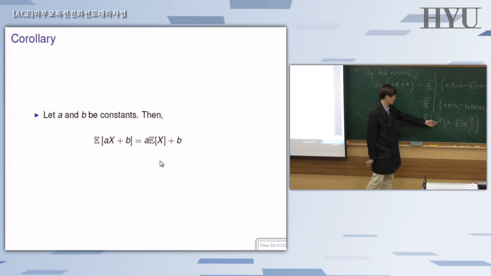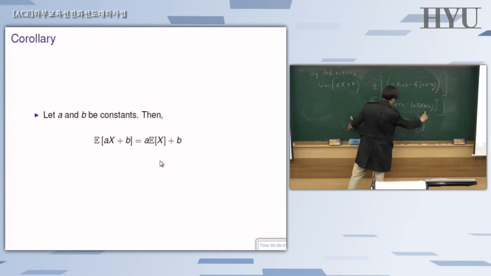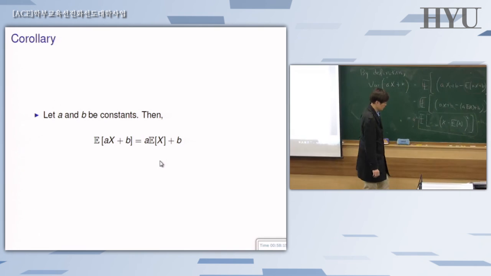And this a squared is just a number, so you can pull it outside. And if you do that, by definition, what's remaining here is nothing but the variance of x. Done.